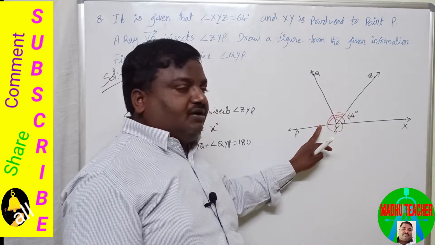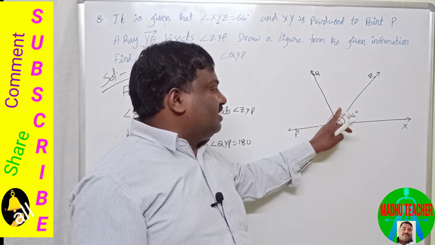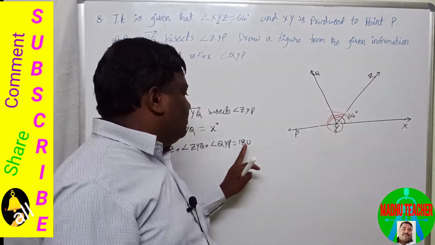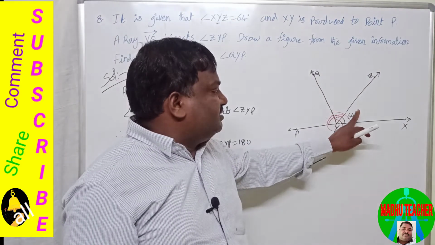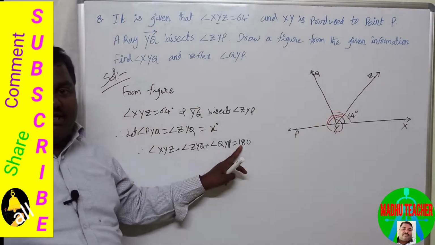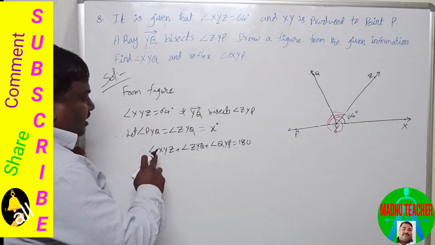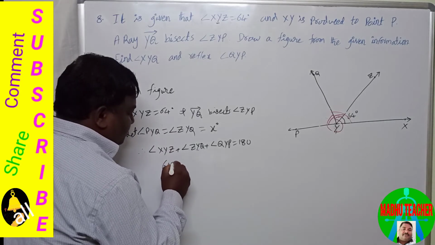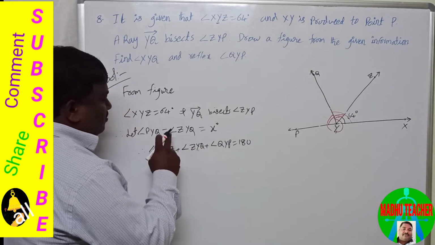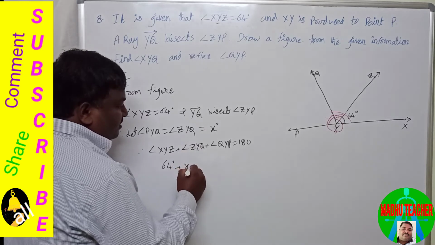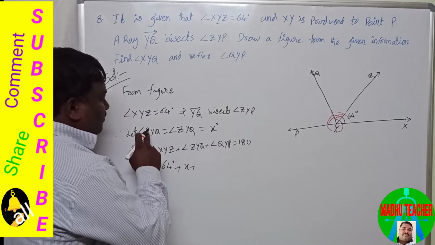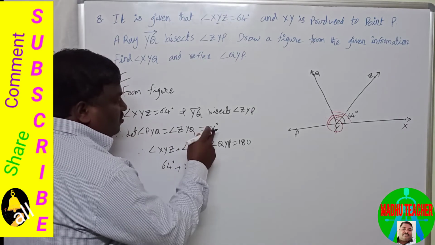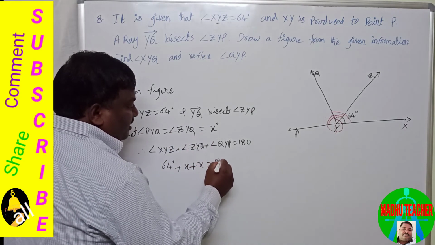These three are angles on a line. Therefore the sum of these three angles equal to 180. Angle XYZ equal to 64 degrees plus ZYQ equal to X plus QYP, PYQ or QYP both are the same, equal to X, equal to 180 degrees.